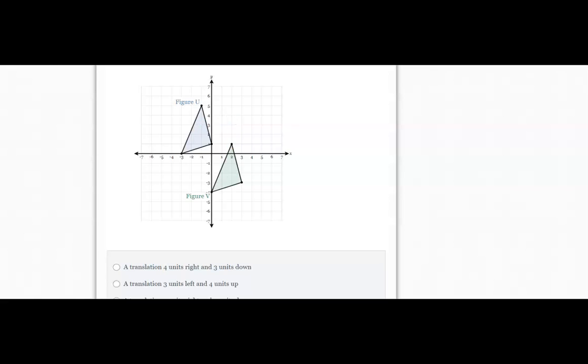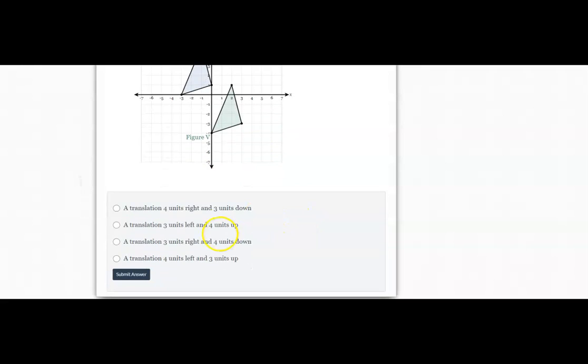So this point here went 1, 2, 3 units to the right, and then 1, 2, 3, 4 units down. So 3 units right, 4 units down. There we have it.